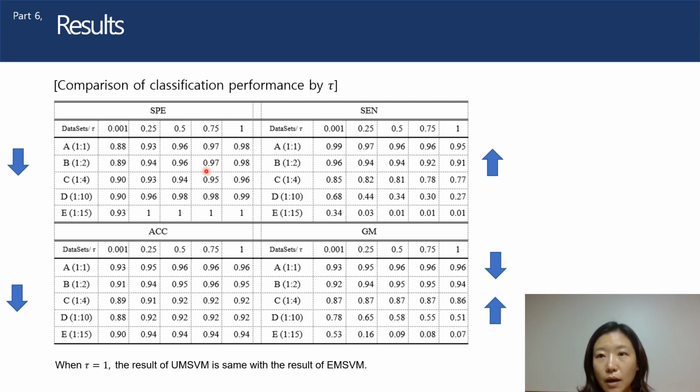This means that as tau is lower, the moving distance of the hyperplane of UMSVM increases, and the specificity of the majority class decreases. Second, the sensitivity moves greatly as tau is lower, which means that the effect of UMSVM is larger as the class imbalance is severe.